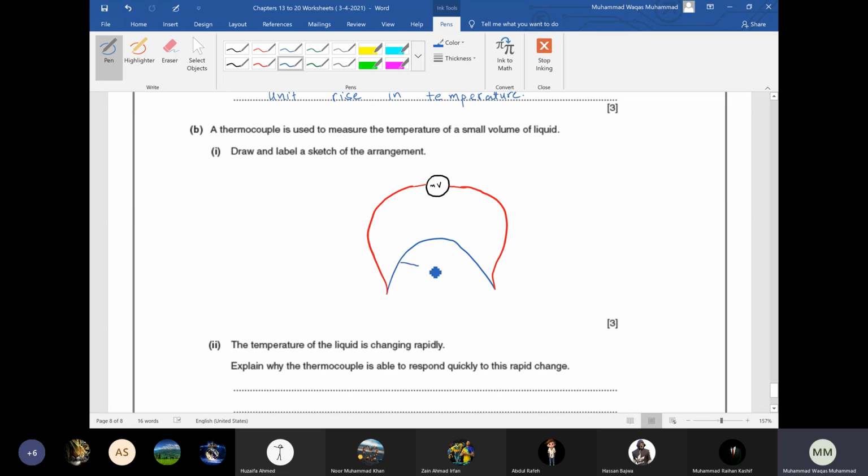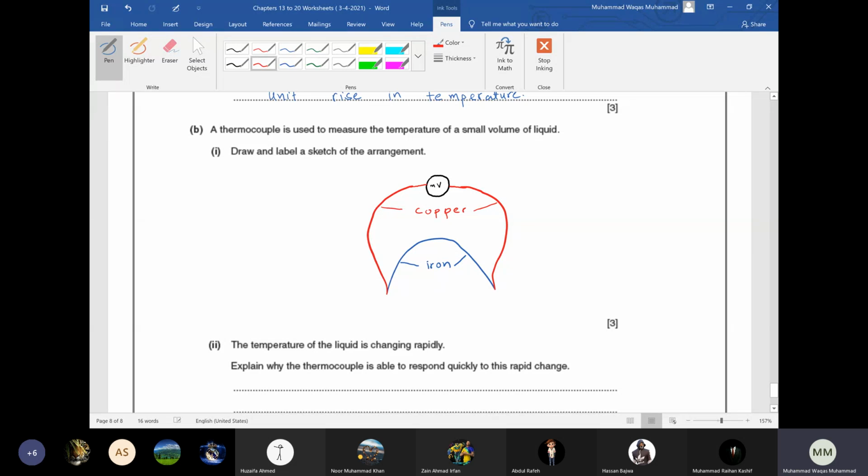So beta, this is iron, you can take, this is one wire, and this is another wire, copper wire.